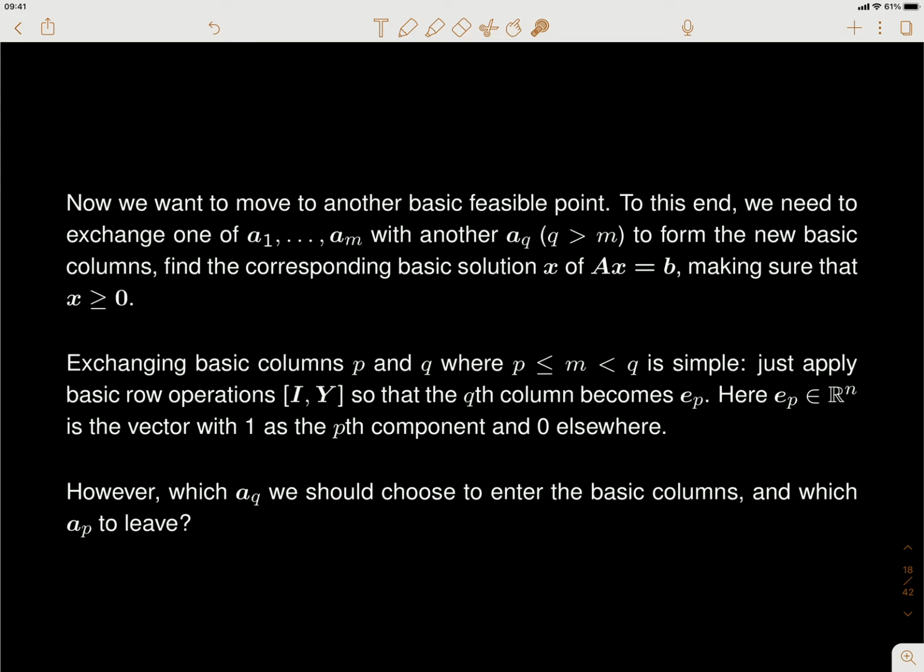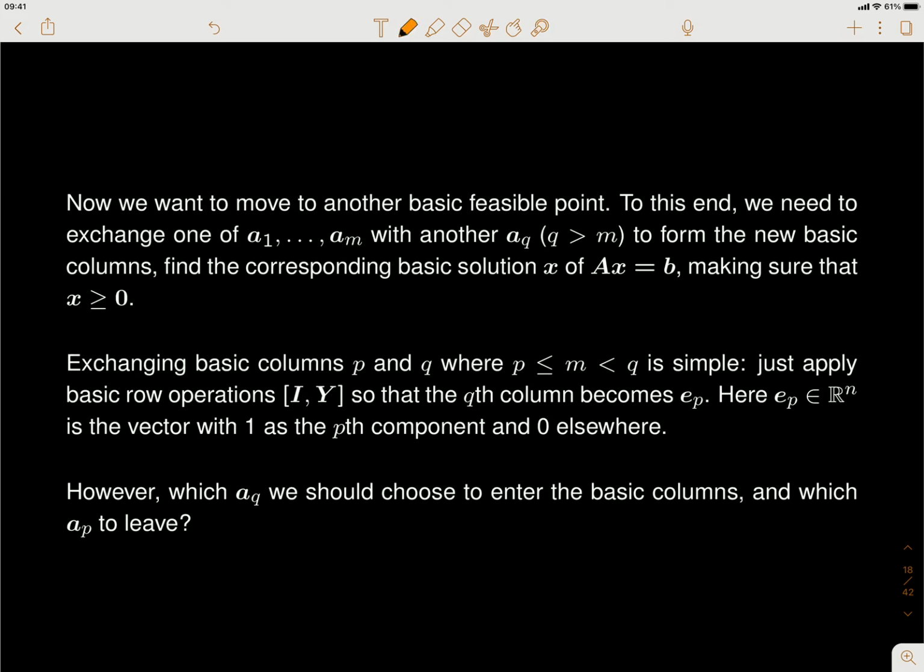They're using certain columns of the matrix A to form the vector B. If you're going to change your basic feasible point, essentially you're just going to choose another set of basic columns. We're not going to change all of them altogether, but we're just going to change one of them.